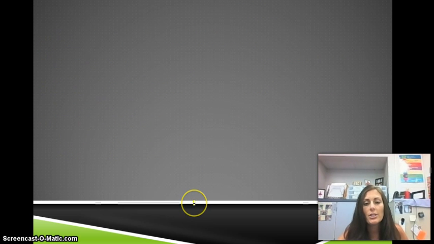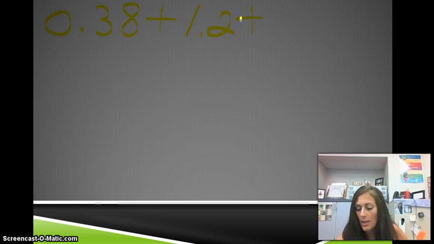This next slide is just for me to show you an example. So for example, if we were looking at the numbers, and I hope you can see this, 38 hundredths plus 12 tenths plus 1 345 thousandths. One of our first things was to line up the digits.